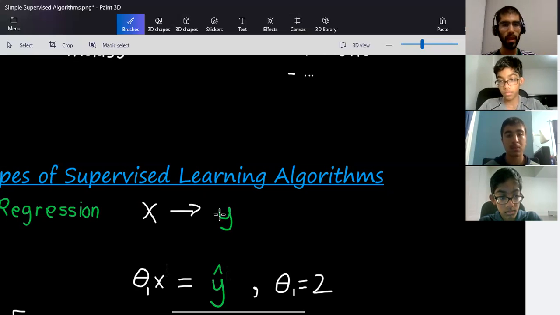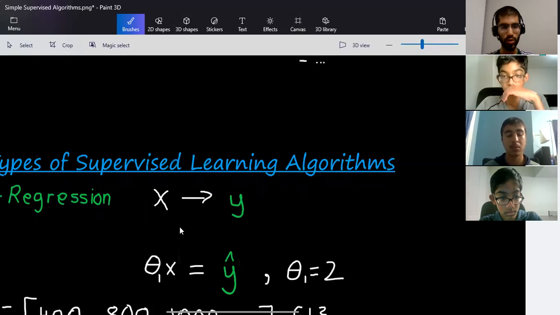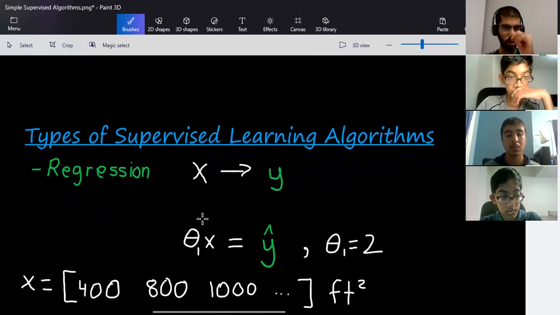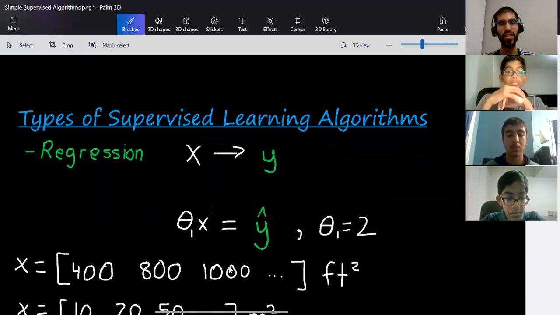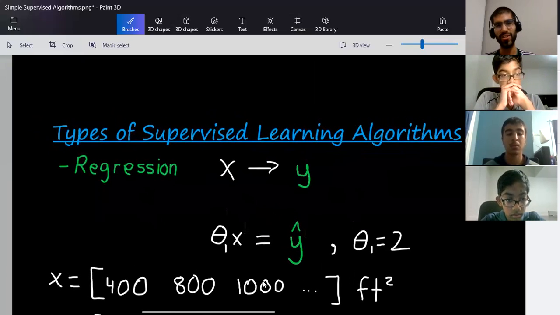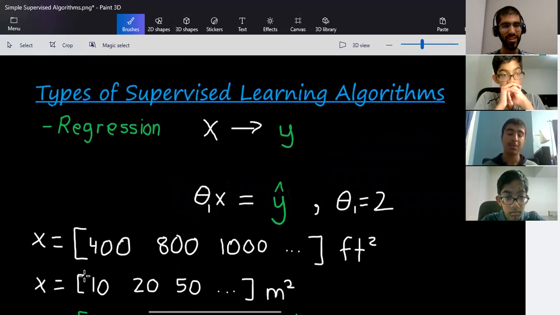All right. So just to make it more tangible, again, think of the housing price example. So you might have some X input data. It's the square feet of the house. Is it 400 square feet, 800, 1000 square feet? Or if you're living in the civilized world, then square meters. So is it 10 square meters, 20 square meters, or 50 square meters?